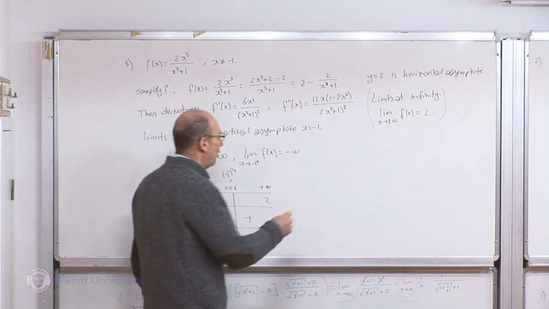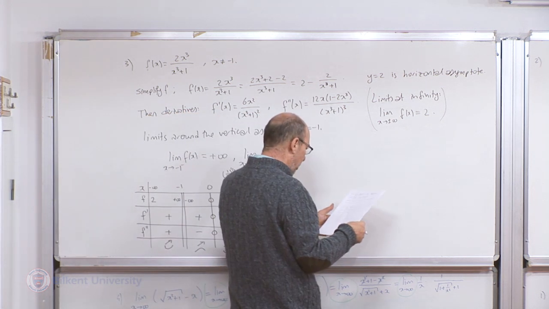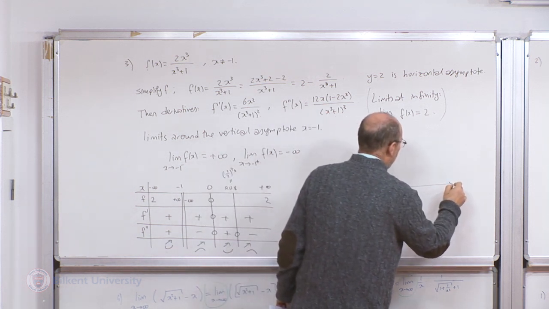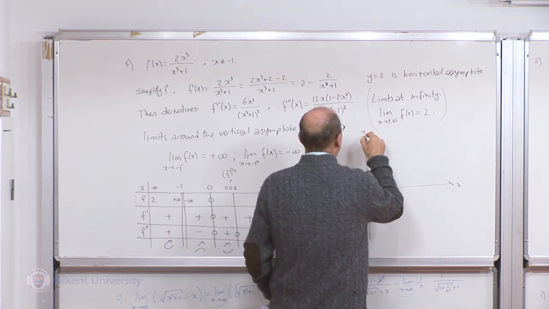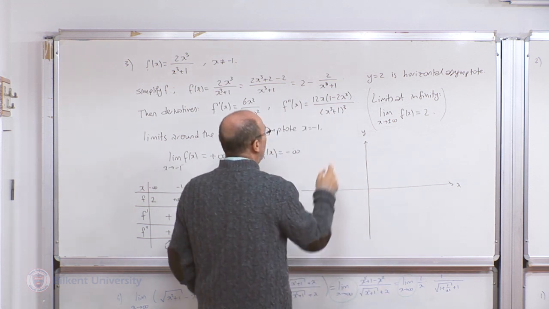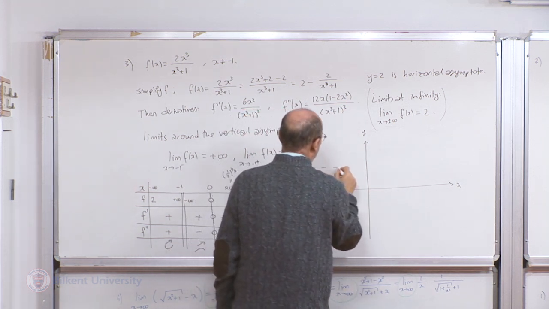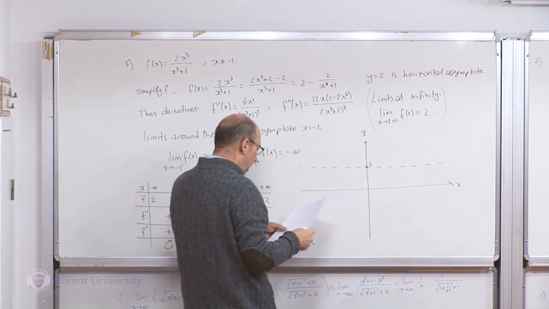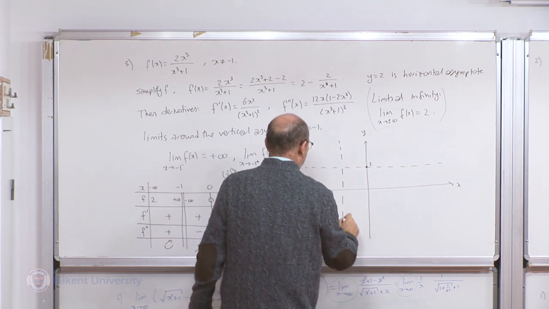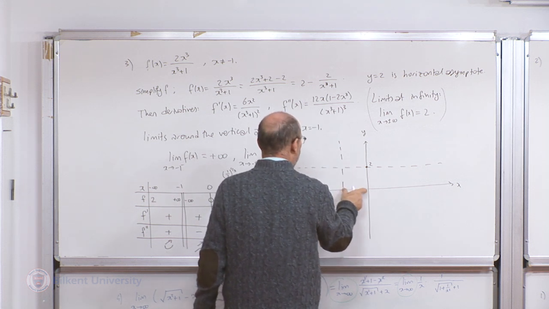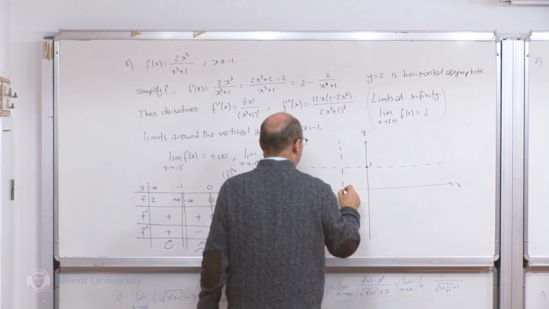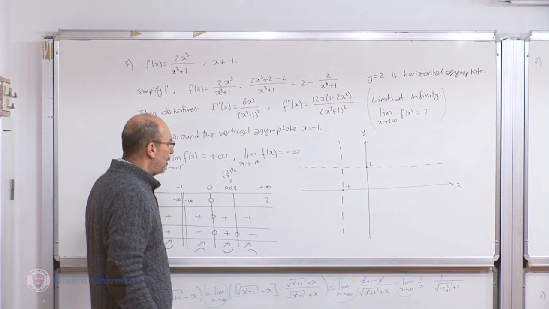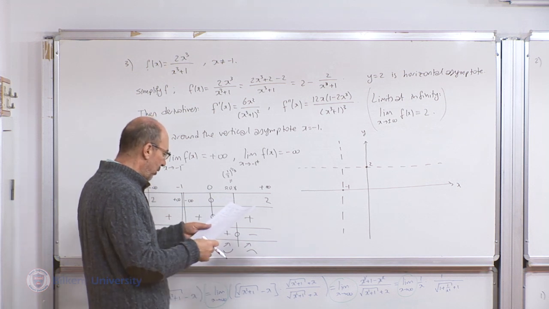Okay, so let us now plot this. So let me see, I need everything. X, Y. Here I have a horizontal asymptote. So this is 2. I have a vertical asymptote, not to scale. Okay, if this is 1, then 2 must be here. But you don't get scaled graphs in software either.